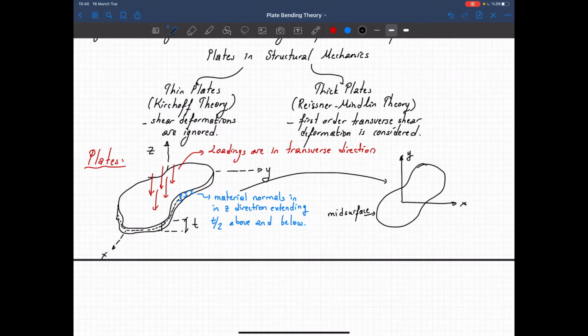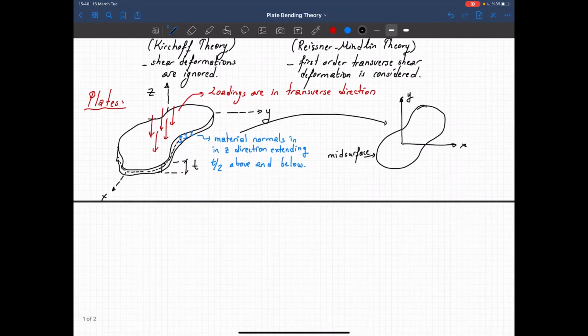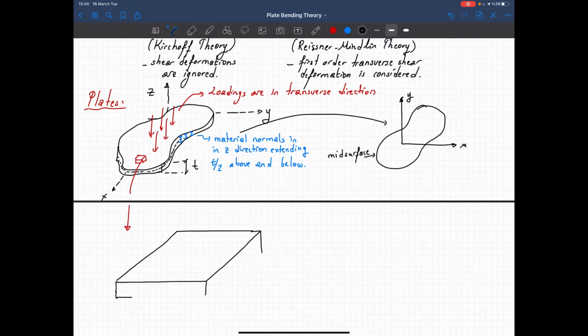Now let's define the stresses and the relationship between the stresses and the plate forces. For this purpose, again, I'm taking an infinitesimal element and let's exaggerate it. So that's the x direction.